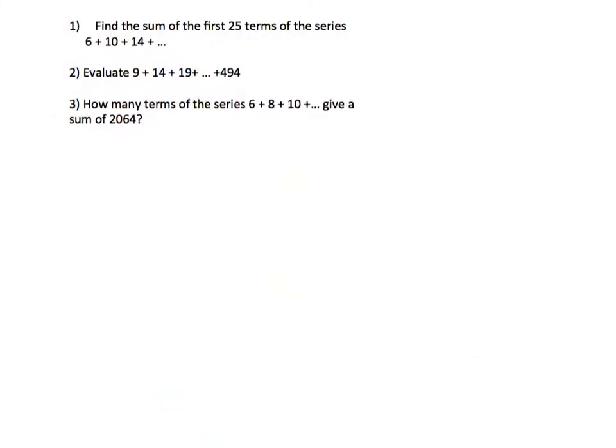Examples using those formulas. So the first example says find the sum of the first 25 terms of this series. So 25 there is n. Okay, and you can see the first term is 6. And what else do we have?